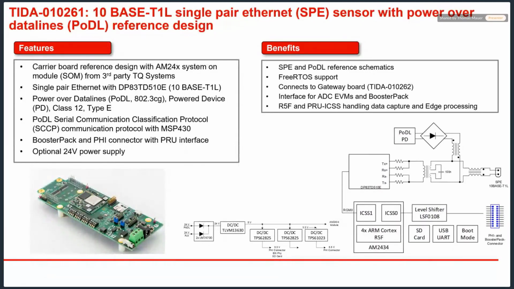Currently, this runs in FreeRTOS, and it connects to the gateway board, which I will show to you in a second. Also, all the data communication, like the FFT calculation, as well as the interface to the ADC, is done by the R5F and by an IP block, which is called PRU ICSS.